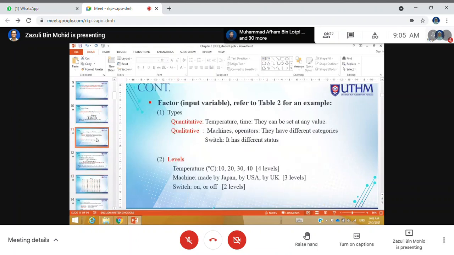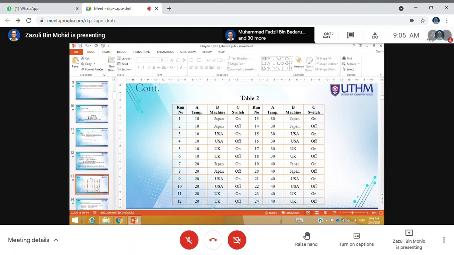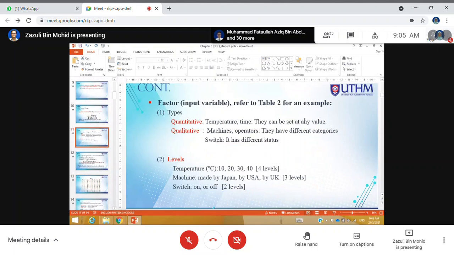And the qualitative, it is not in numerical. Qualitative can be the type of machine, can be which operators are using the machine, and so on. They have different categories, different status. Okay.